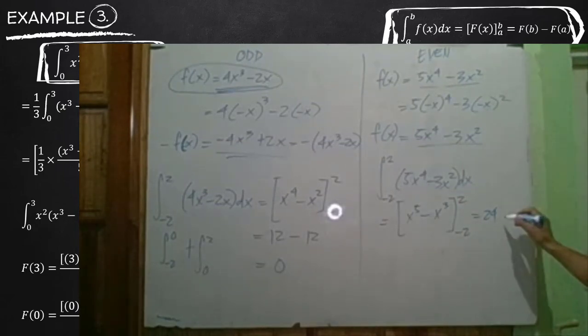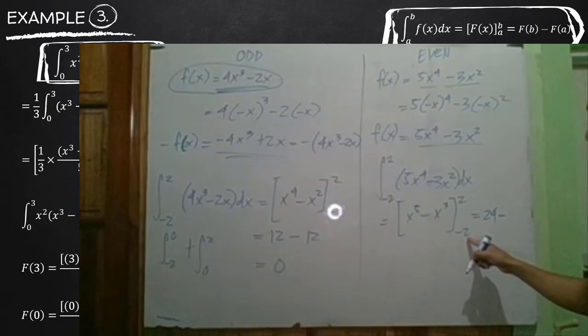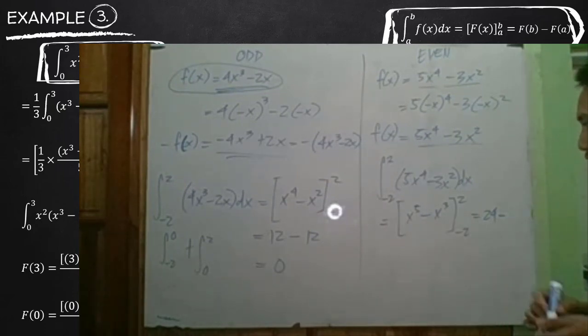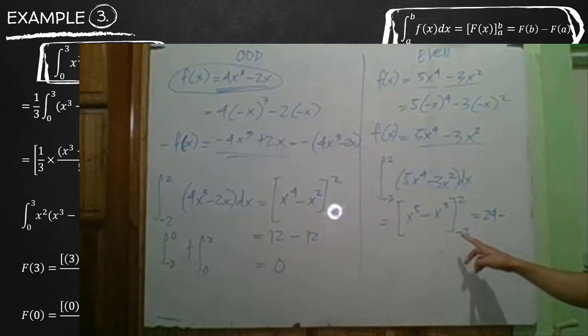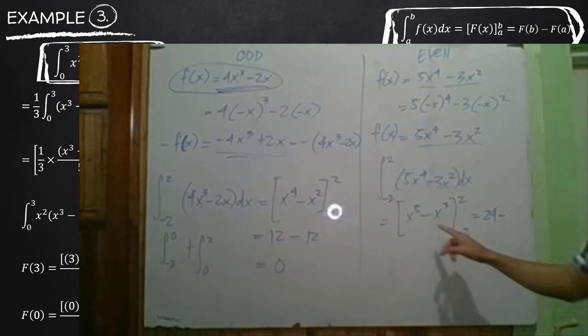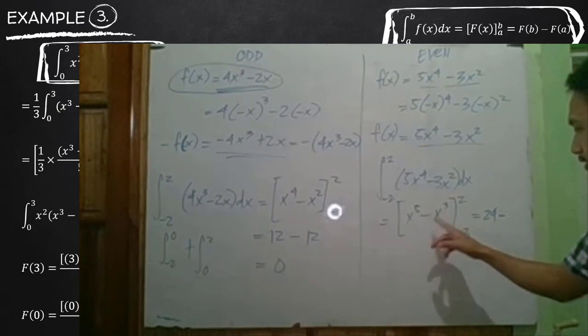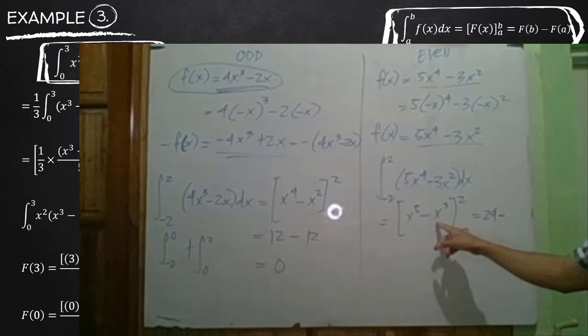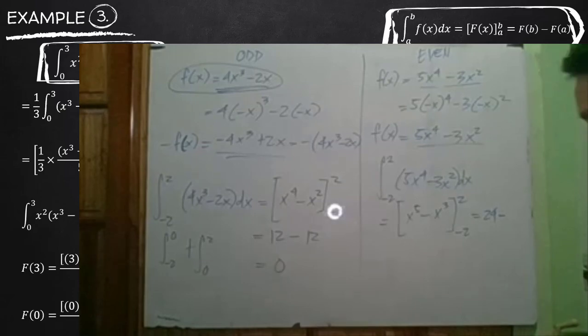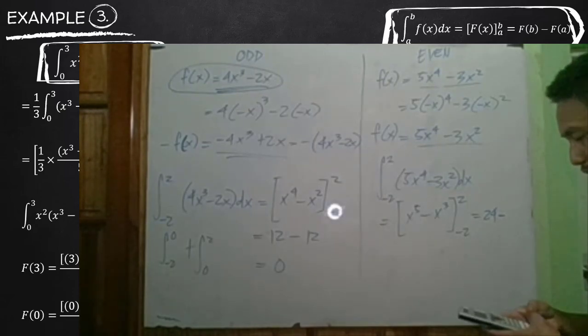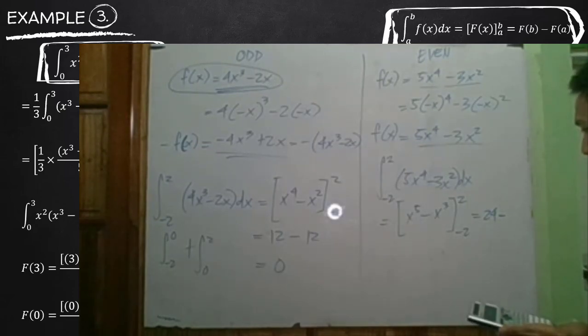And then minus your lower limit, which is x raised to 5, negative 2 raised to 5, is negative 32, minus, this will be negative 8. So negative 32 minus negative 8 will actually be negative 24.